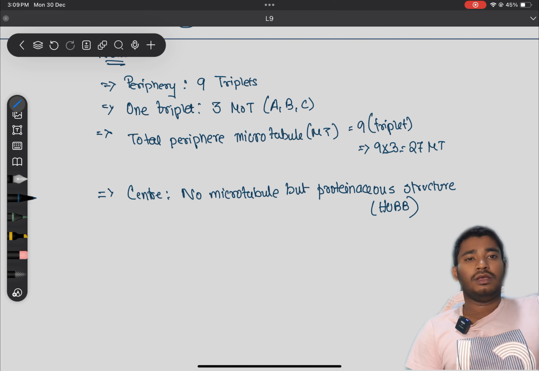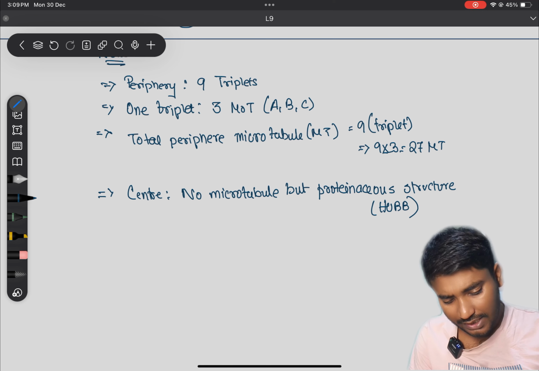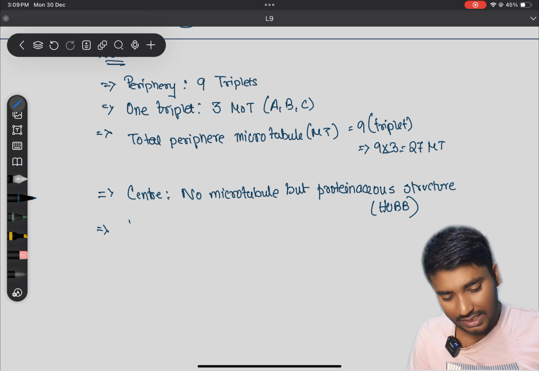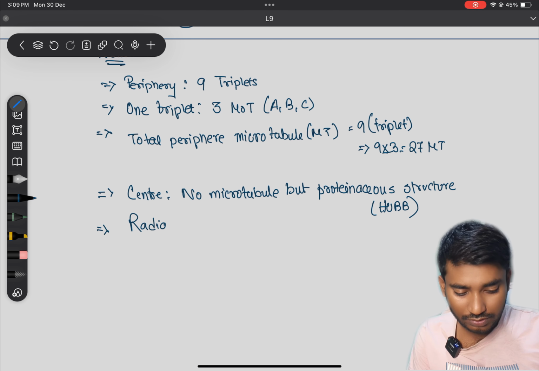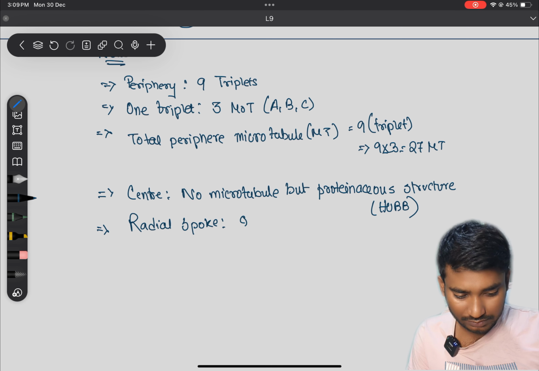Now radial spokes, 9, connect to the A end of the microtubule.